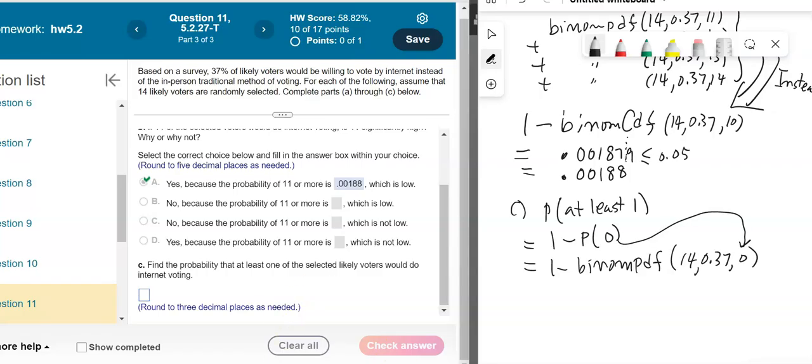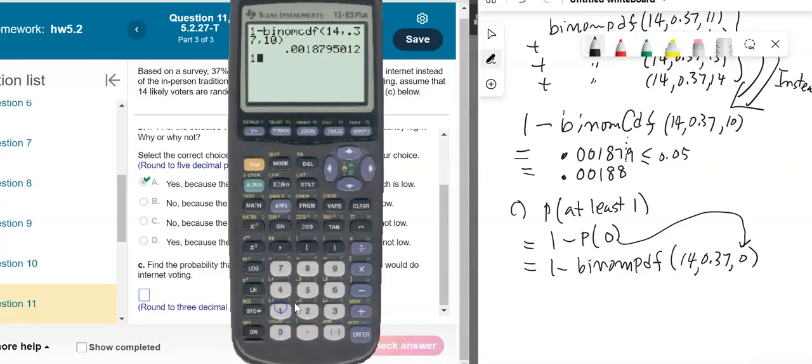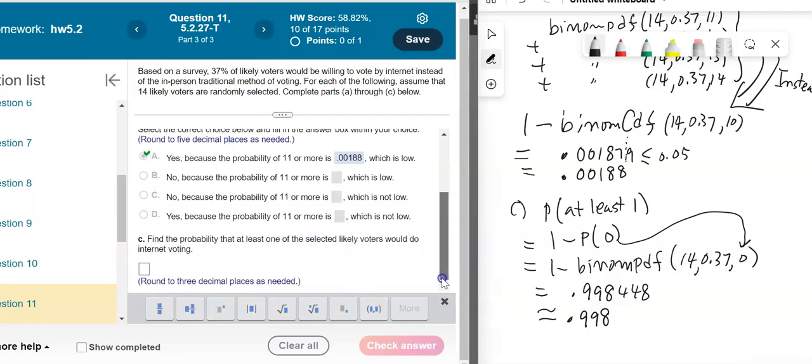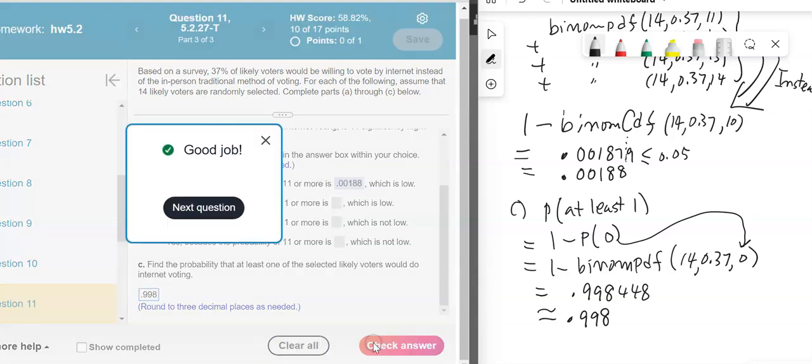So here, 1 minus binompdf, second VARS, 14, 0.37, 0 is 0.998448. How many decimals? 3 decimals. So I'm going to say 0.998.